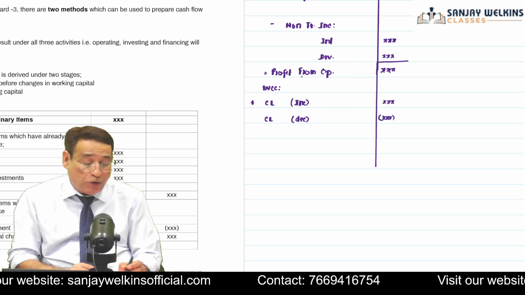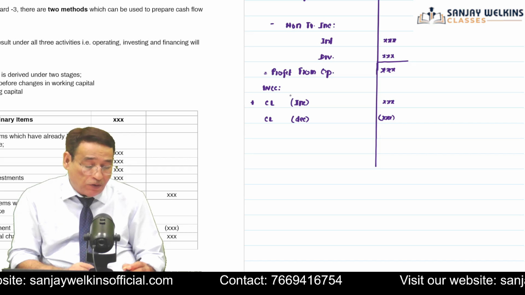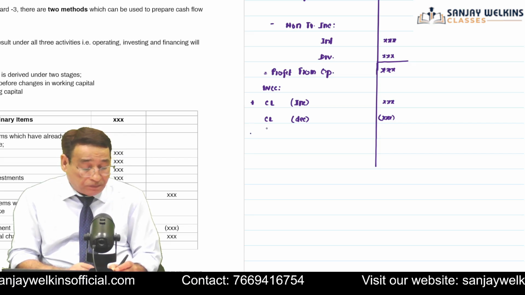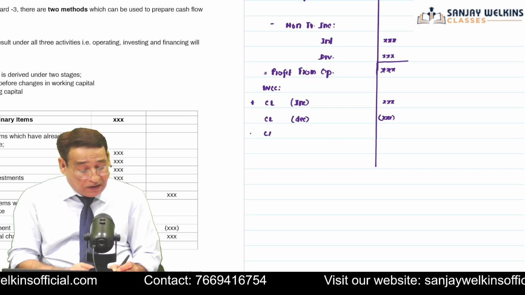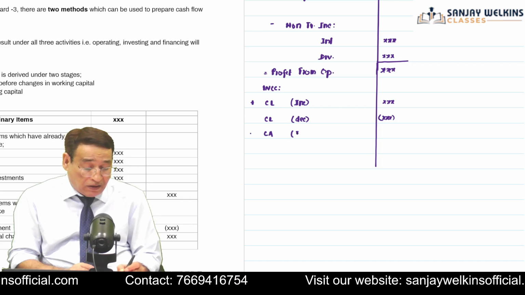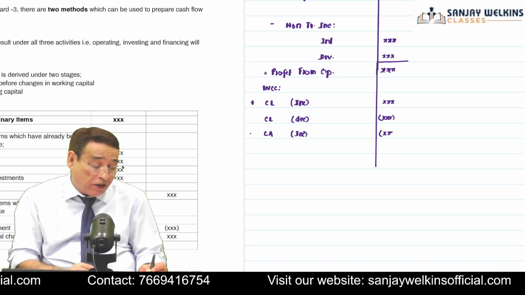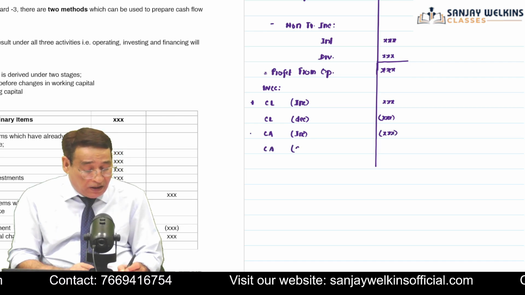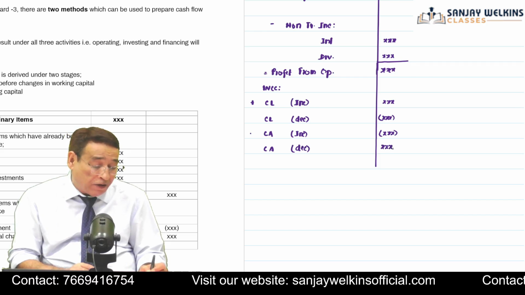That means after computing profit from operation, I will have to adjust the working capital components, and similarly I will write here current asset. If current asset would increase, then it is considered as decrease in cash, and I will have to subtract here. And similarly, if current asset would decrease, then it is considered as increase in cash, and I will have to add here.